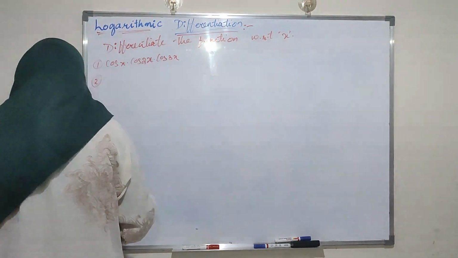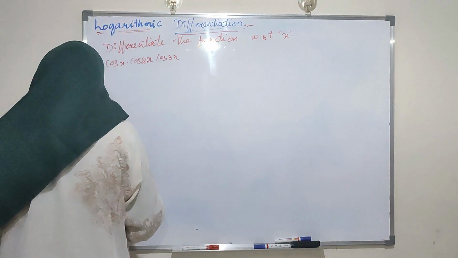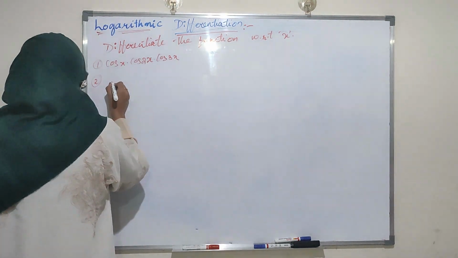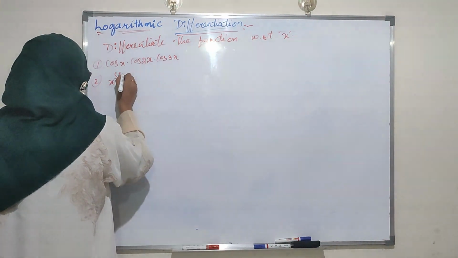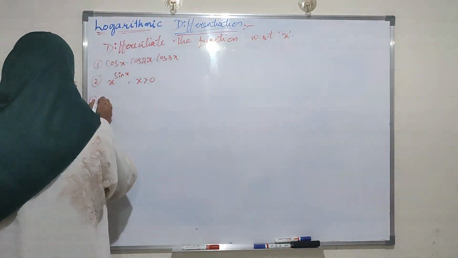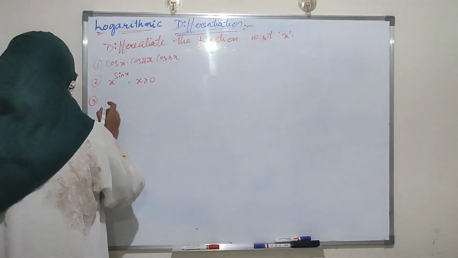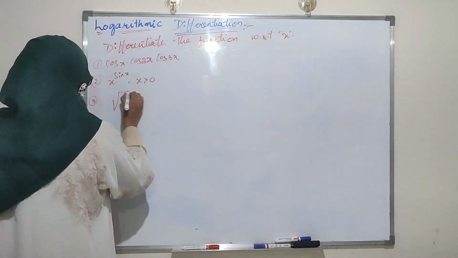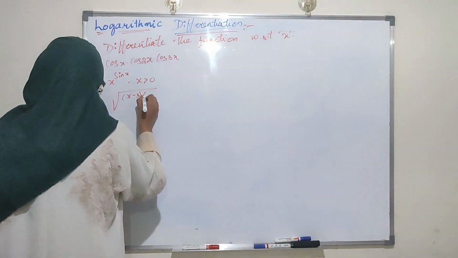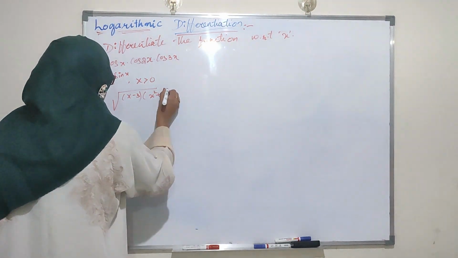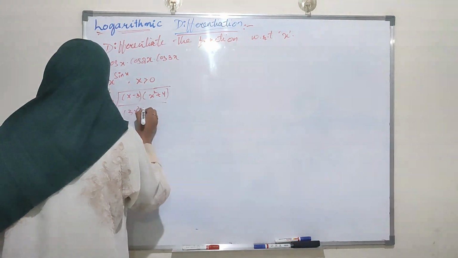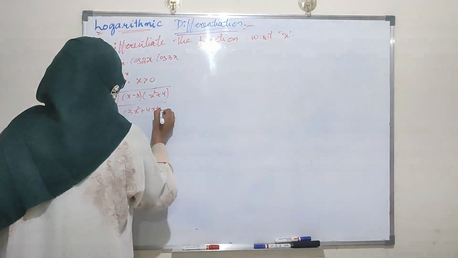The second one is x raised to sine inverse of x, where x is greater than 0. And the third one, differentiate with respect to x: x minus 3, x square plus 4, whole divided by 3x square plus 4x plus 5.